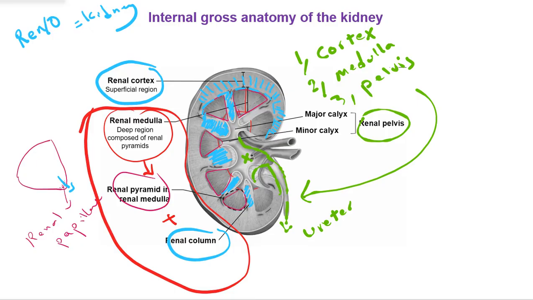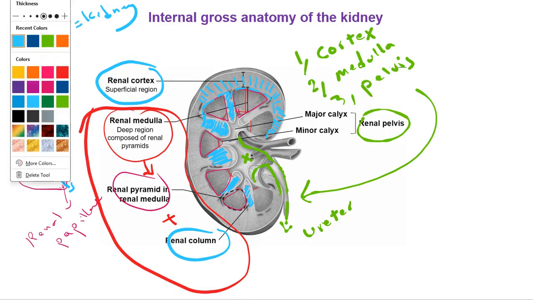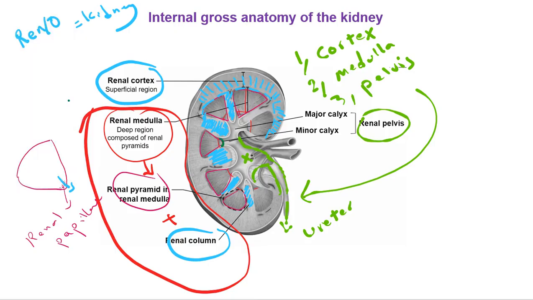So the renal pelvis, as I mentioned before, is the part that is going to collect the urine from the renal medulla. We can find some little cups here, found toward the apex of the renal pyramid or toward the renal papillae, and each of these little cups, which receives the urine directly from our renal medulla, is called a minor calyx.